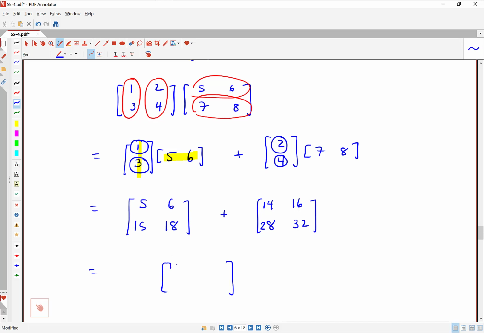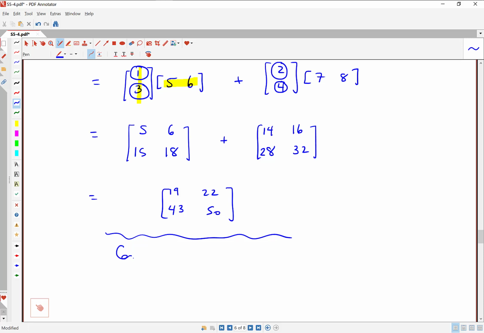So we get 19, 22, 43, and 50. So let's just confirm that this works. And the way we would confirm is we would take our matrices, so 1, 2, 3, 4, 5, 6, 7, 8, and let's just do the normal matrix multiplication.